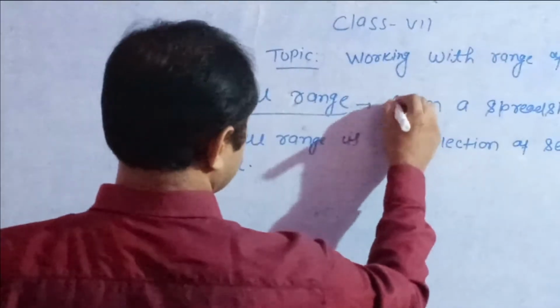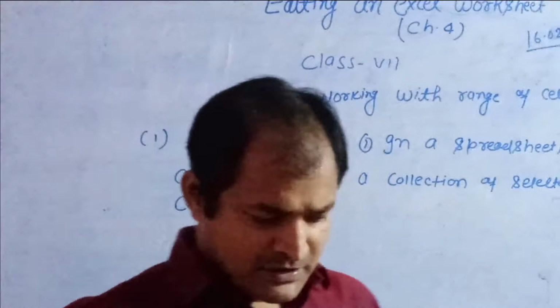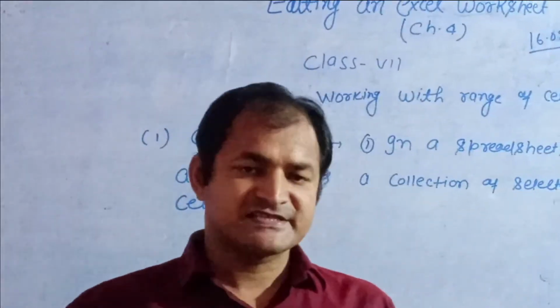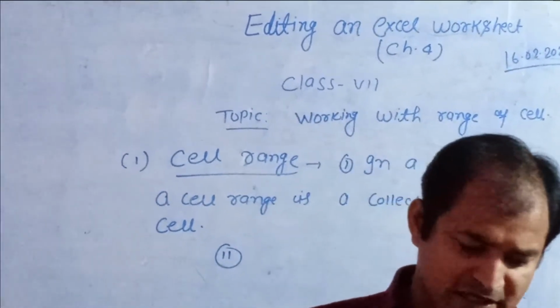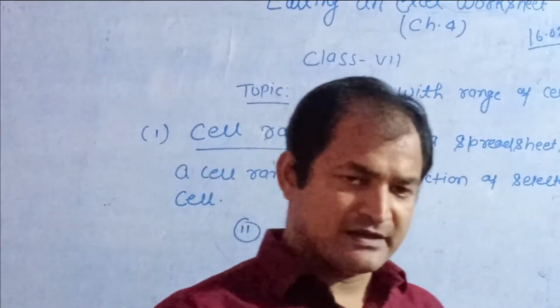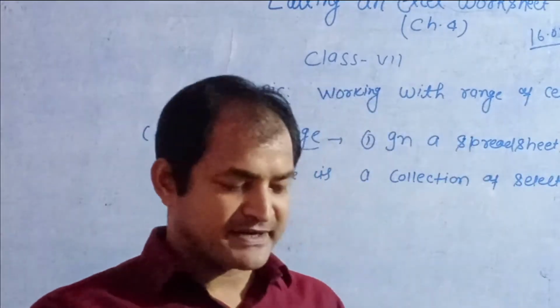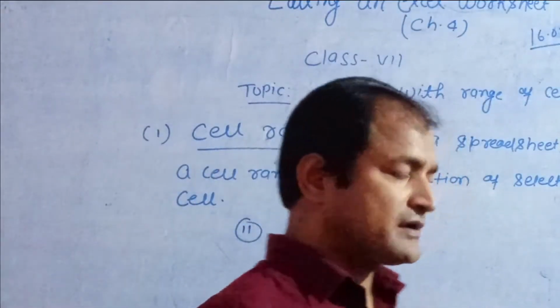First point. Second point. This cell range is usually symmetrical. I repeat again, this cell range is usually symmetrical. Symmetrical means a square.